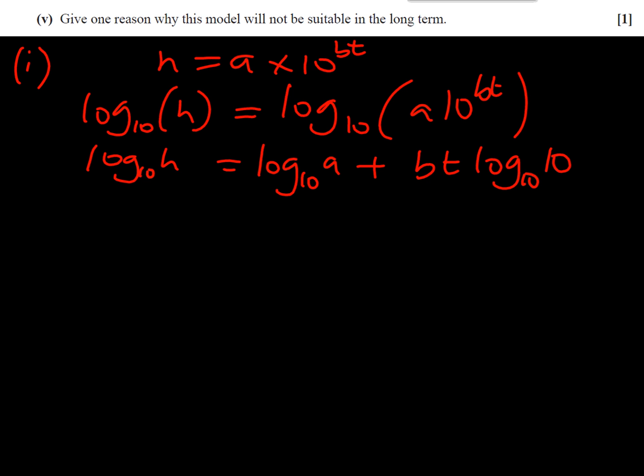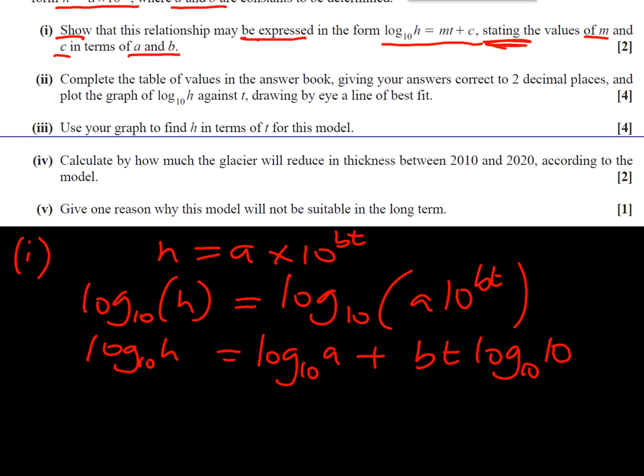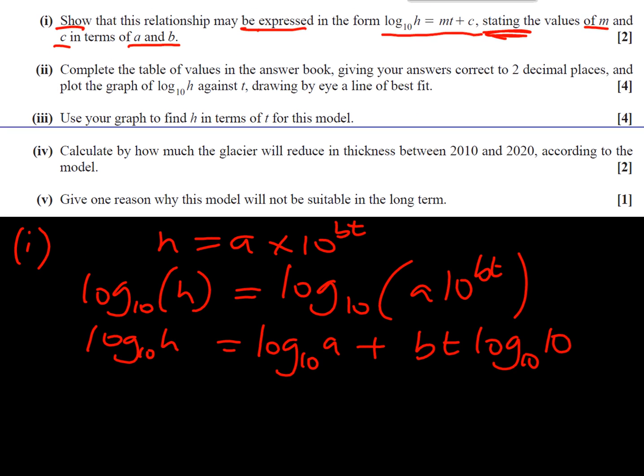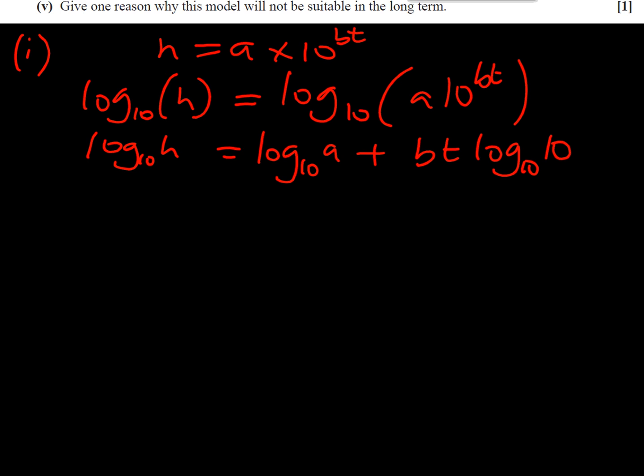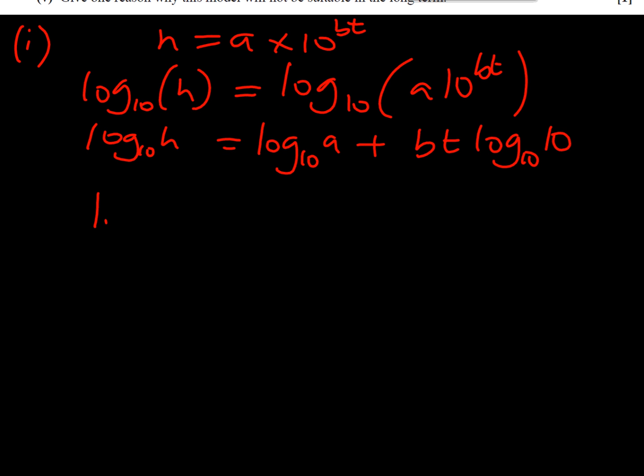So that's made our life easy. So let's just reorganize into the form that they're looking for. We've got the right form on the left hand side of this equation. So log to the base 10 of h equals bt plus log of a.